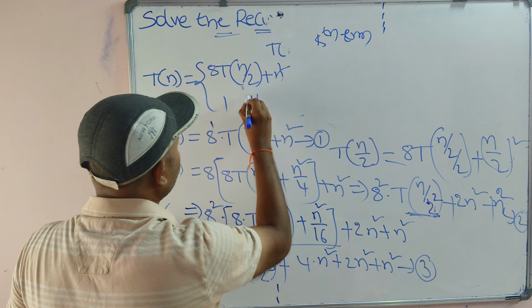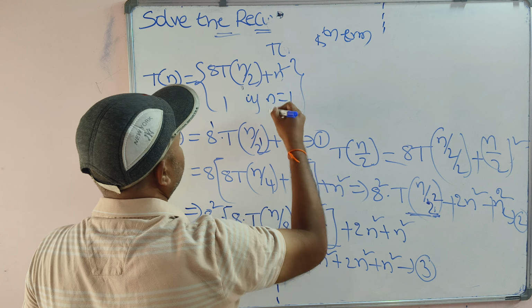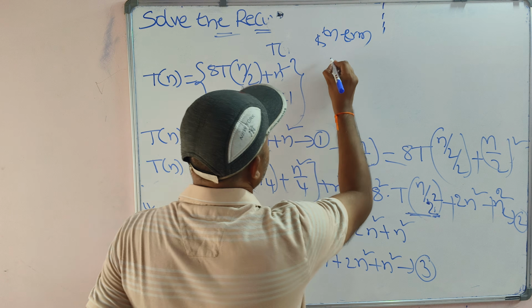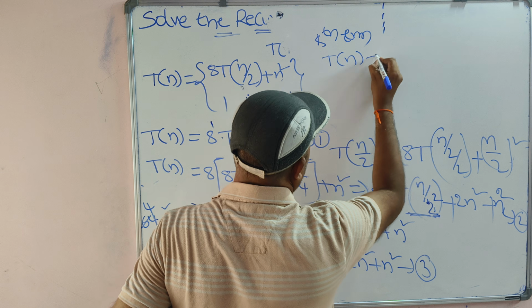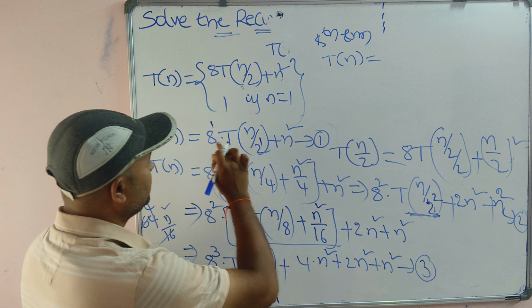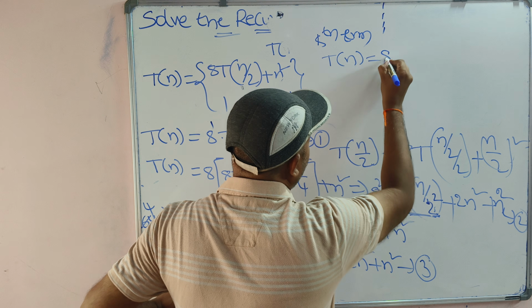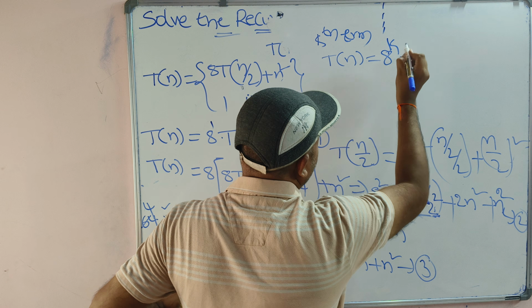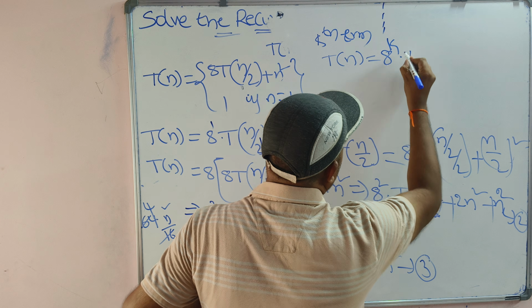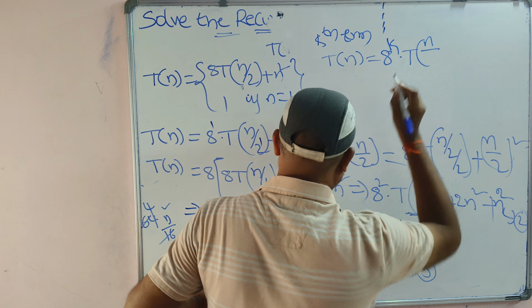So if n equals 1, then the answer is 1. Whereas if n is greater than 1, this is the recurrence relation, the kth term. So T of n equals, if you see here, 8 power 3, 8 power 2, 8 power 1. So 8 power k is the kth term. Assume it as k into T of n by 2 power k.